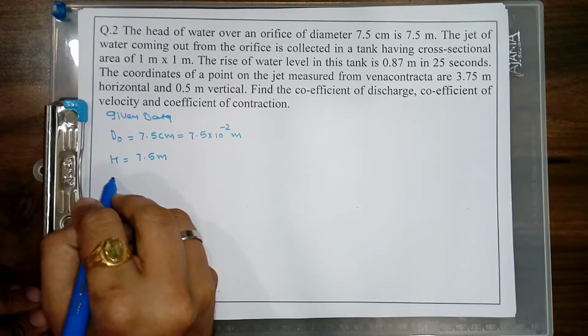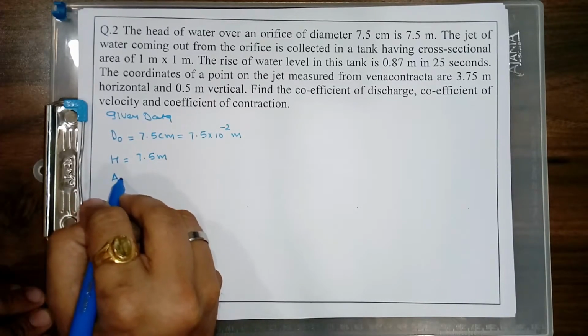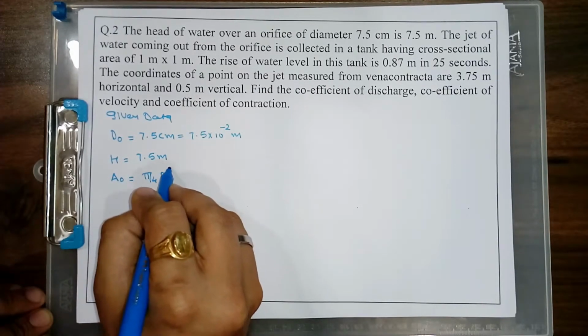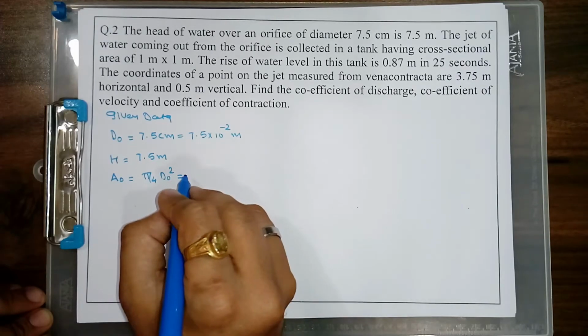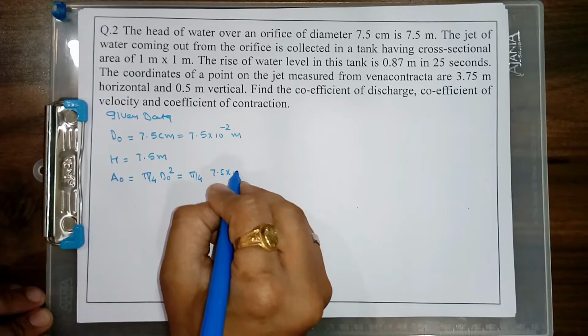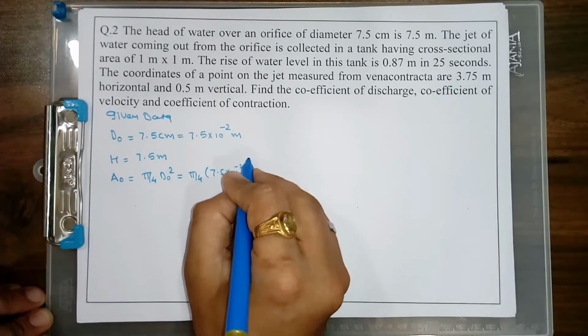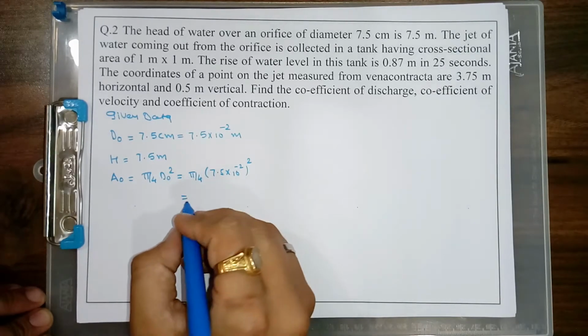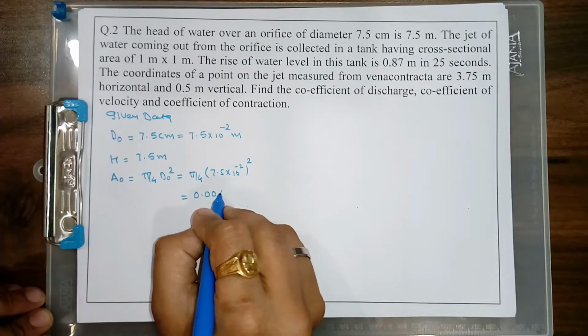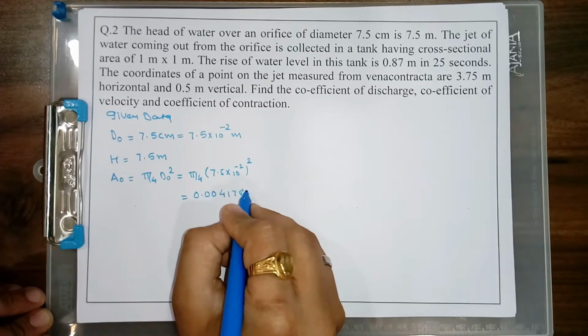Then we calculate the area of the orifice from the diameter. So it is pi by 4 into d naught to the power 2. So we get the area, pi by 4 into (7.5 into 10 to the power minus 2) whole to the power 2, and the answer is 0.004178 meter square.